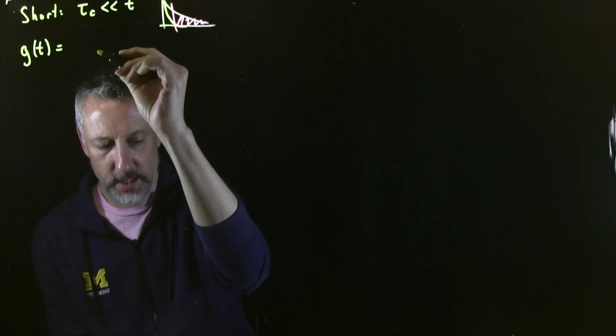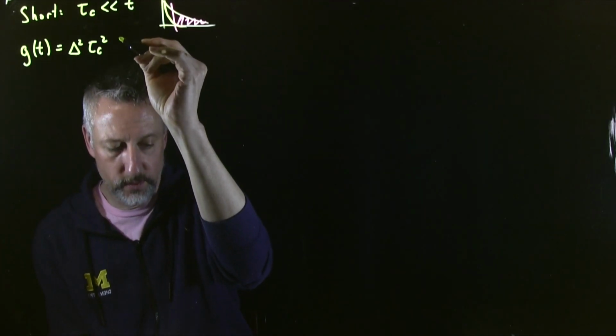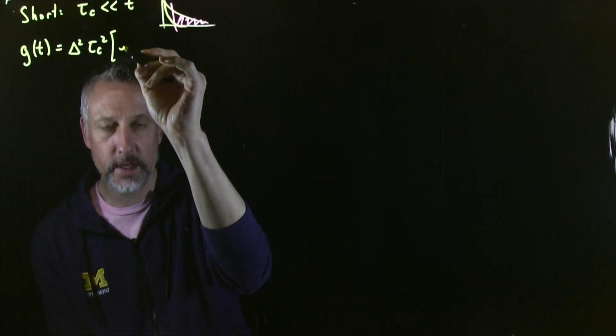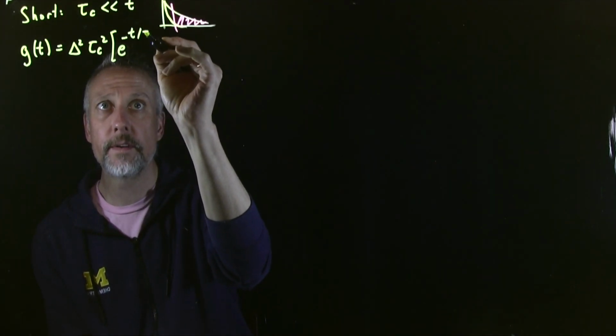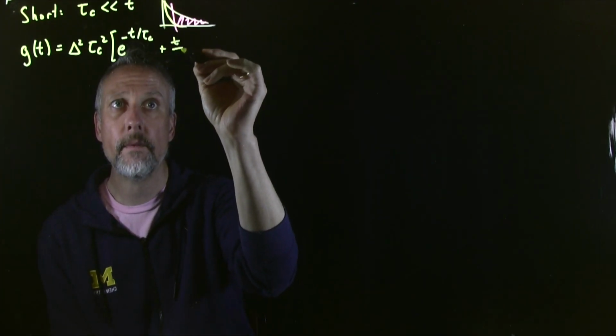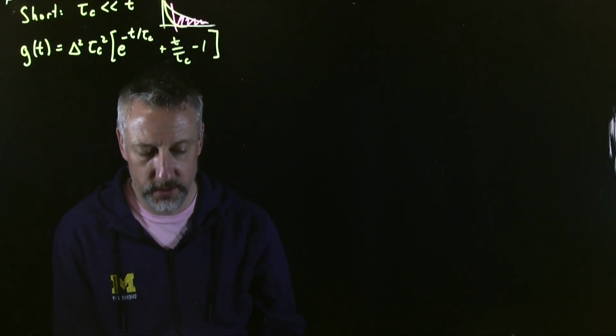So we have g is delta squared tau c squared. Now we have our exponential again, minus t over tau c. Remember, the last time we did this, we expanded it out. But this time we're going to do something a little bit different.